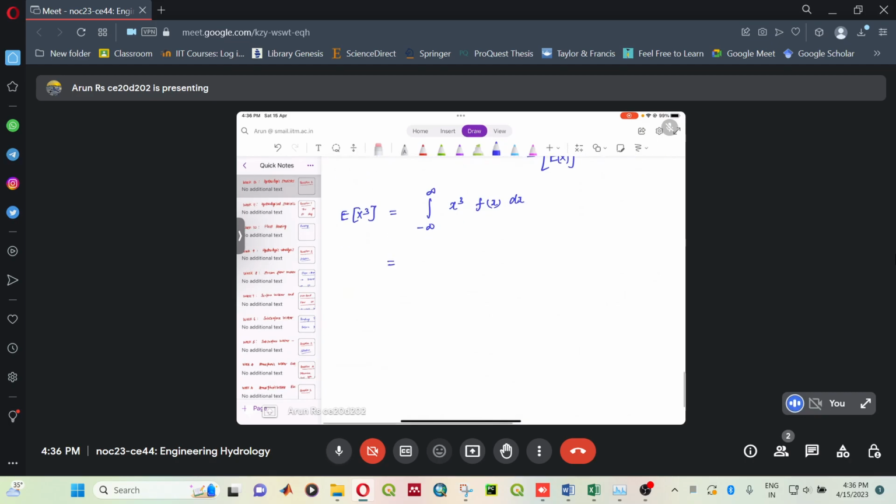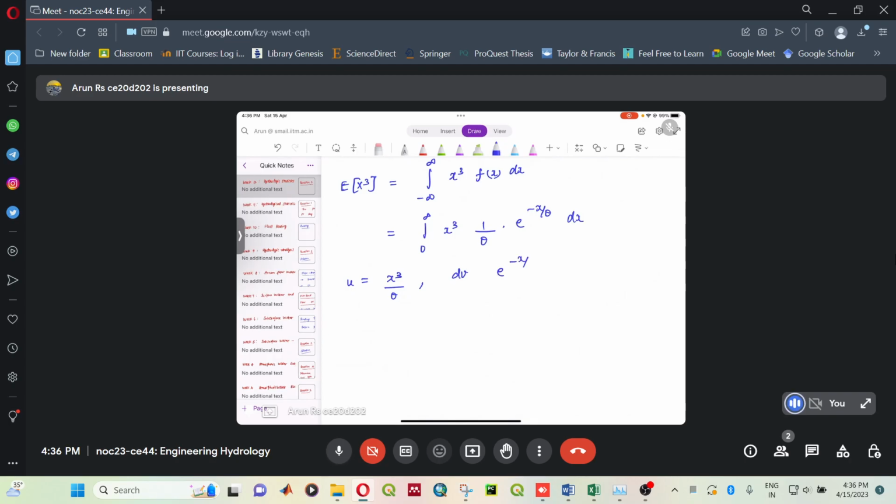So if we substitute, this will be integral 0 to infinity x cube into 1 by theta e power minus x by theta dx. So here we can choose u as x cube by theta and dv as e power minus x by theta.